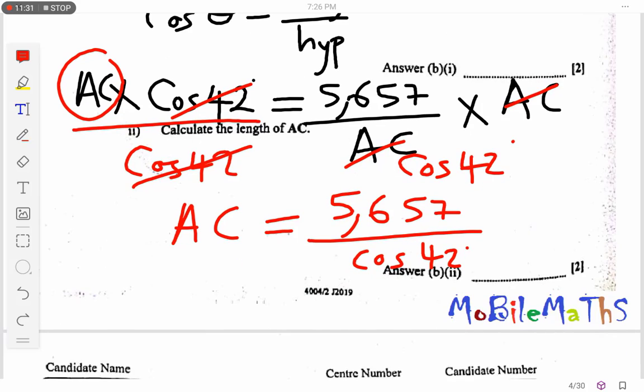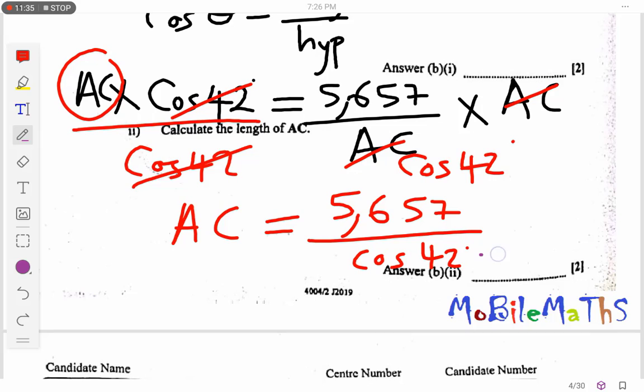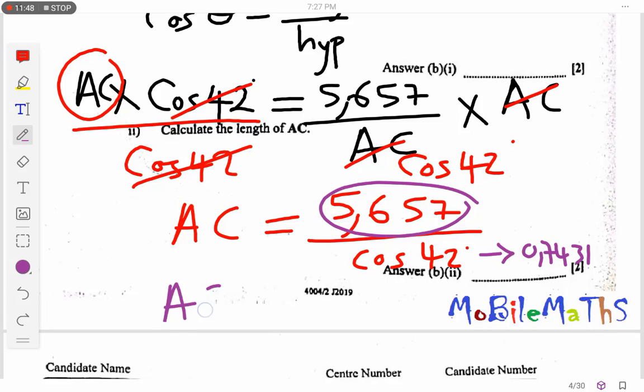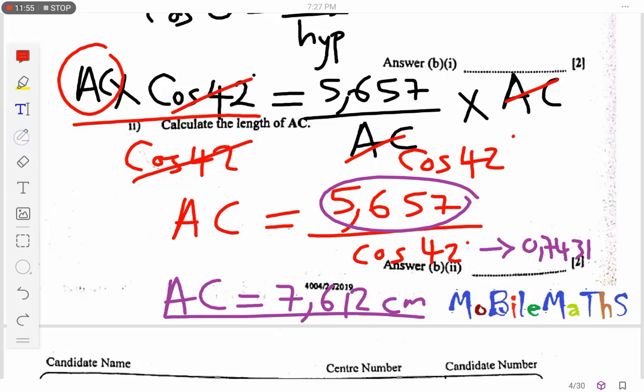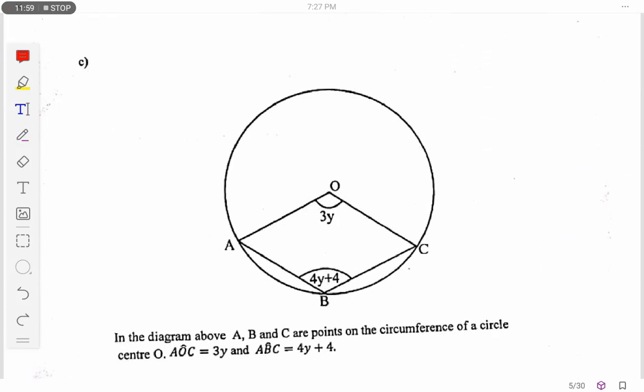Okay, so cos 42 degrees will give us 0.7431. So we are dividing 5.657 by 0.743. You find out our AC is going to be equal to 7.612 centimeters. Okay, we are done with that one, so we can move on to the next question.